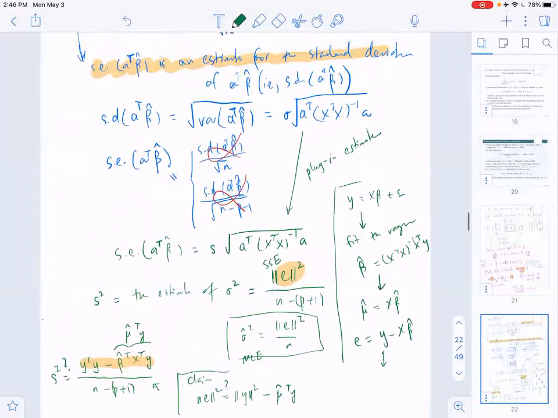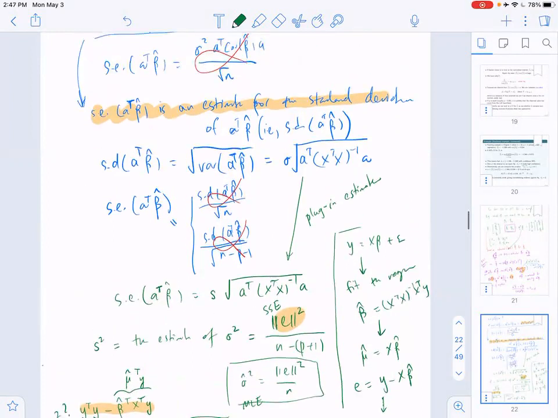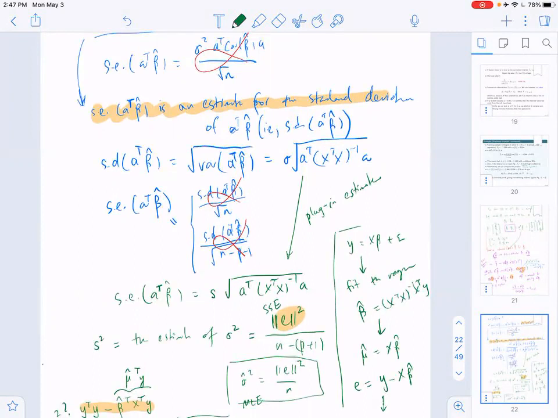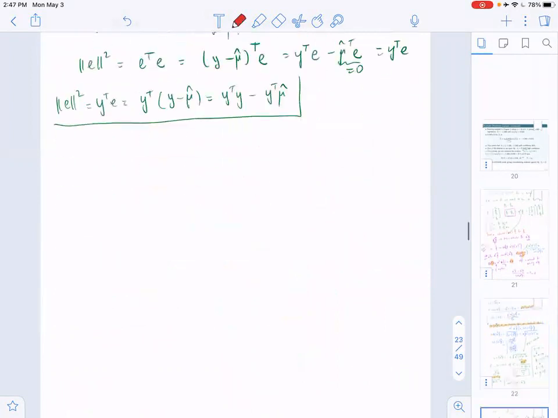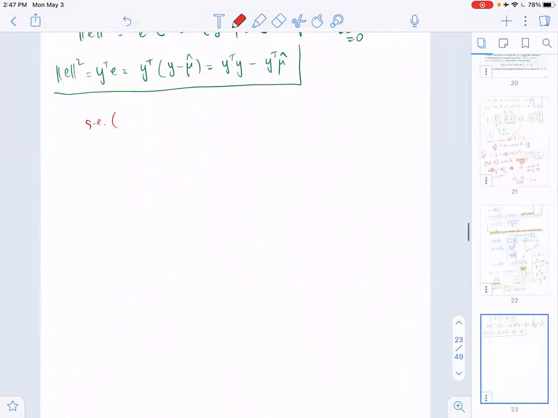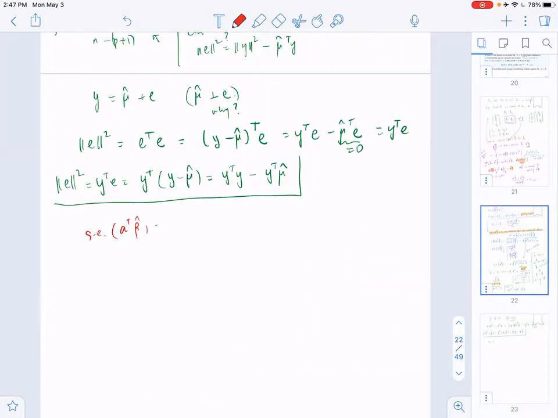Questions? So how about root n? So where does this root n come from? Again, if you understand what you're doing, you don't have to guess. You can write this as A transpose beta hat is equal to S root A transpose X inverse A. I can divide this by root n, and I can put X transpose X over n inverse A. Why can I do this?